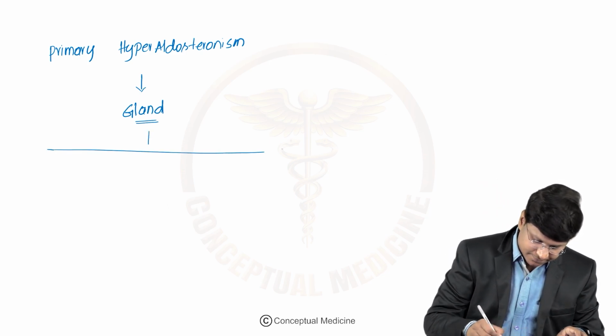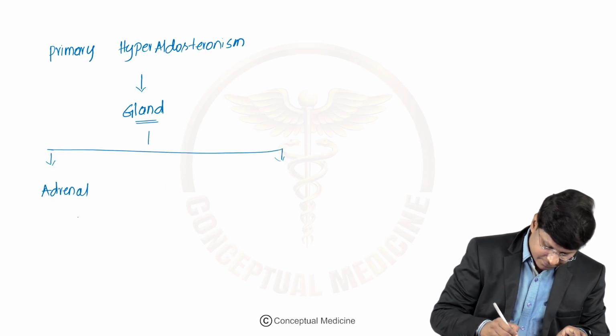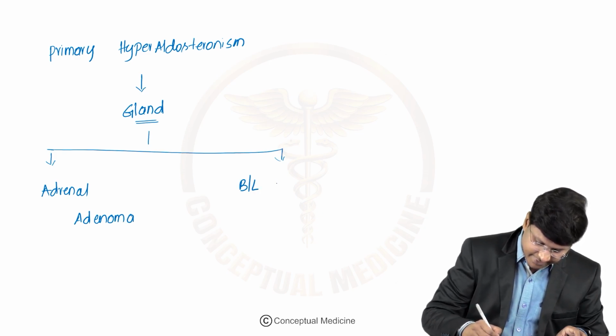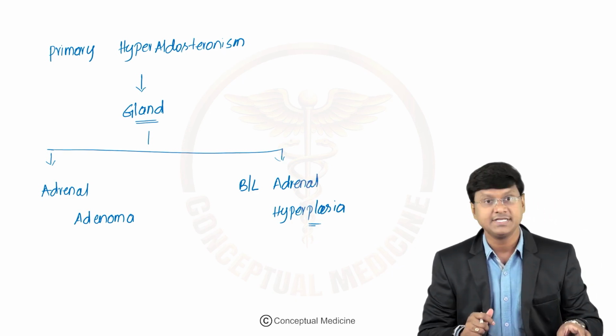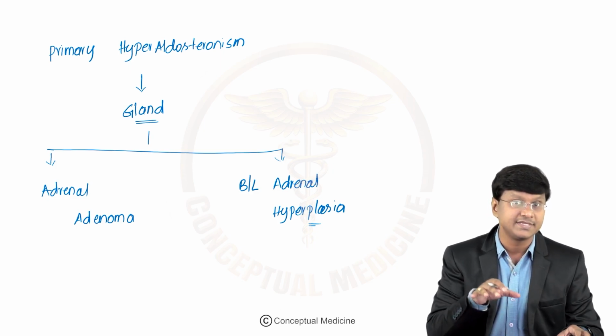That includes adrenal adenoma and the other one is bilateral adrenal hyperplasia. These are the causes for primary hyperaldosteronism. That means the pathology is directly within the gland.